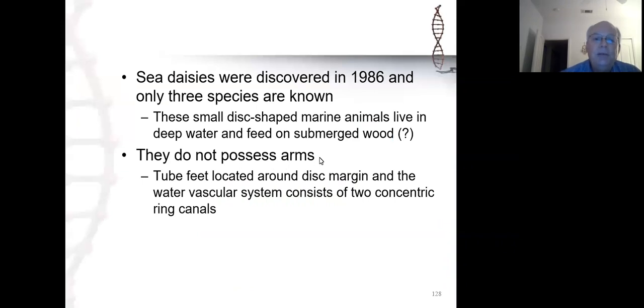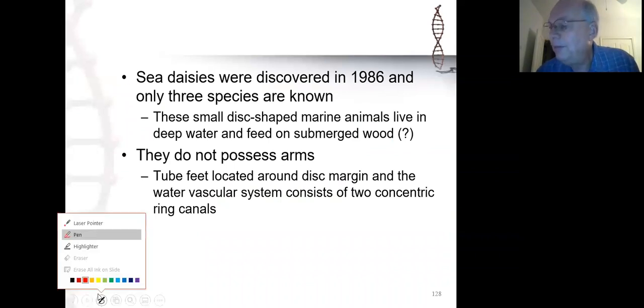So the clade that used to be separate was this group known as sea daisies. They used to have their own class, Concentricycloidea.